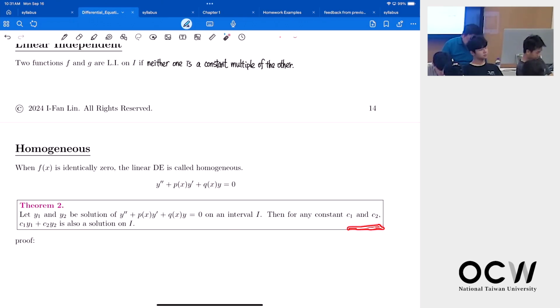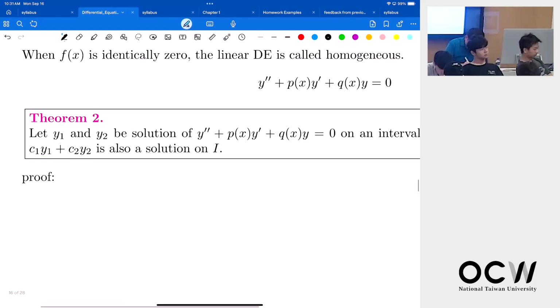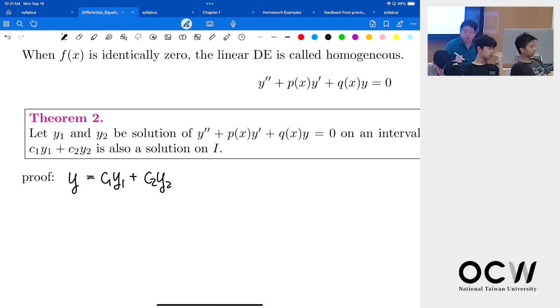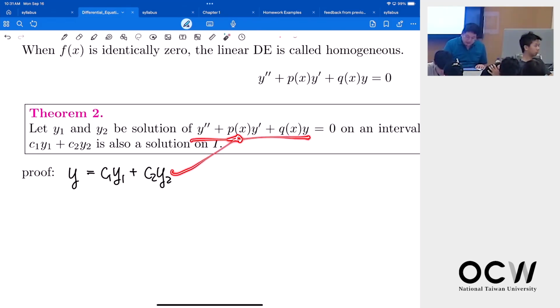Now we can quickly prove that. Since we say that the combination of y1 and y2 is a solution, that means my y is c1 y1 plus c2 y2. Then why not just bring it back to the original differential equation and see if it is 0.